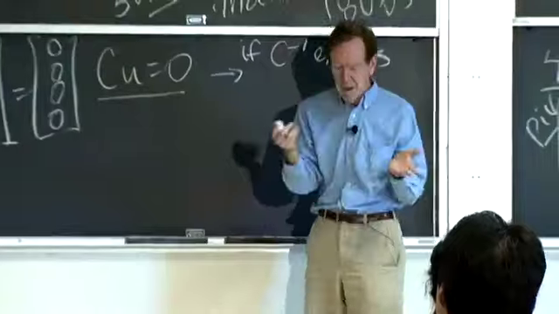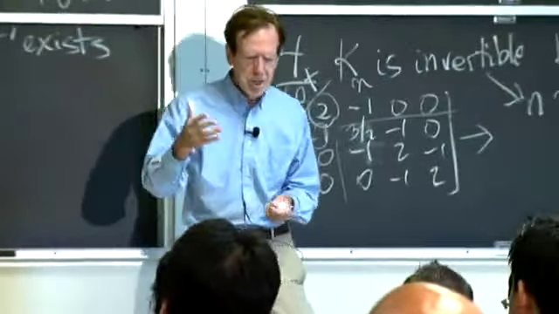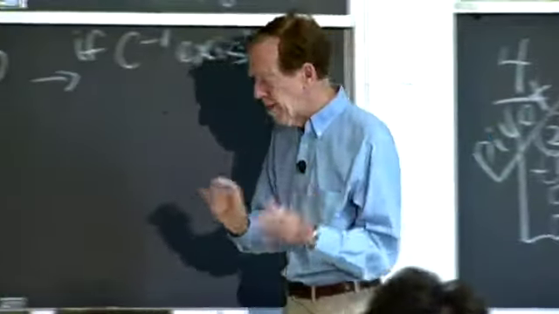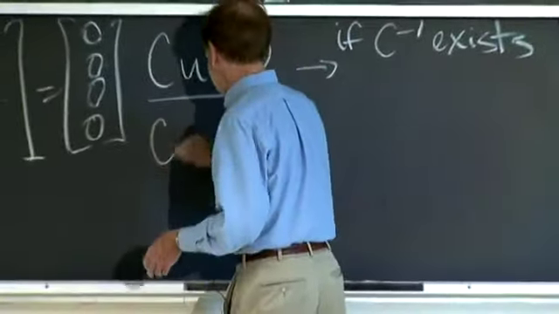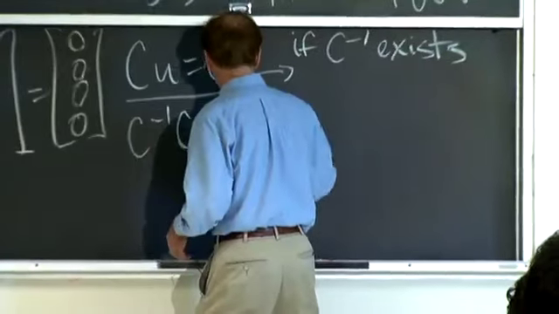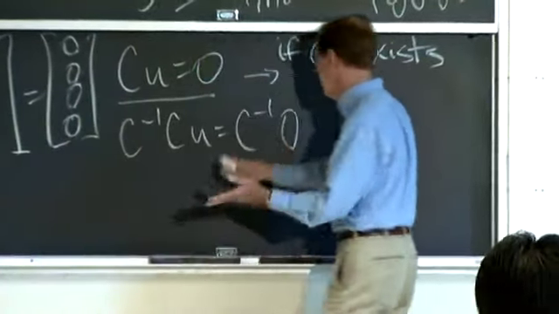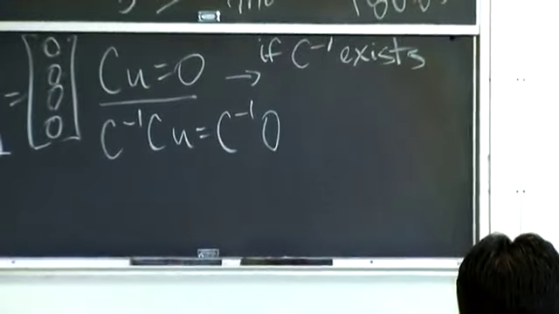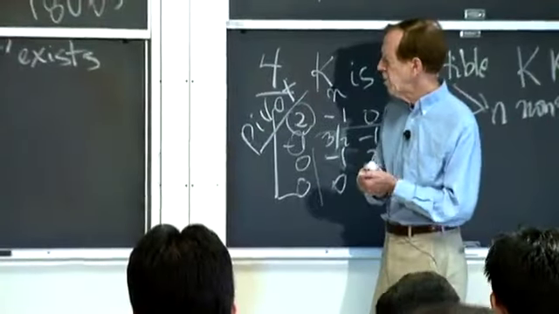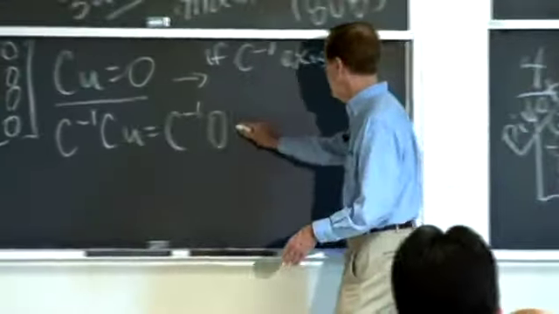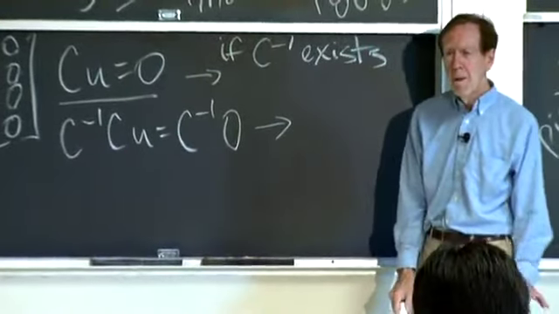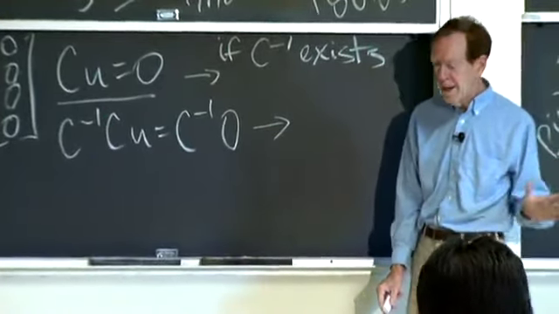That's the same as in ordinary language. Do the same thing to all the equations. If I multiply both sides by the same matrix, I would get C inverse CU equals C inverse 0. And what does that tell me? I made it long. I threw in this extra step. You were going to jump immediately to C inverse C is I, the identity matrix.